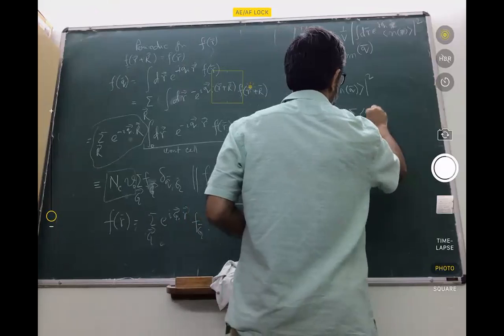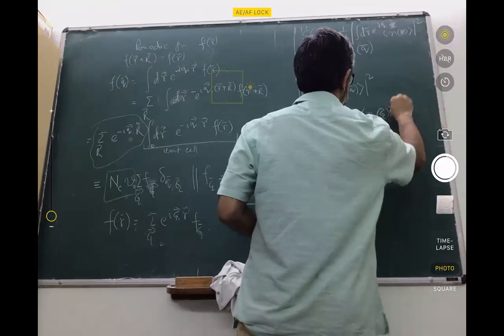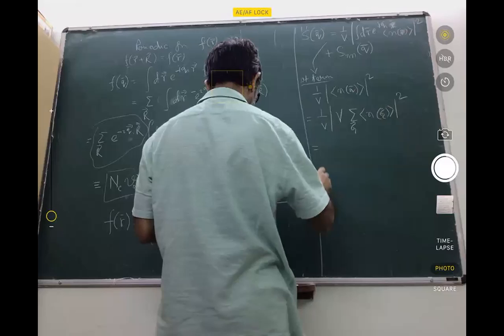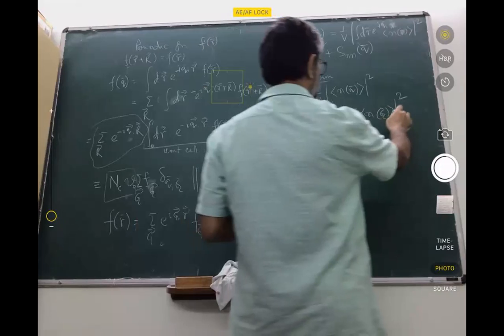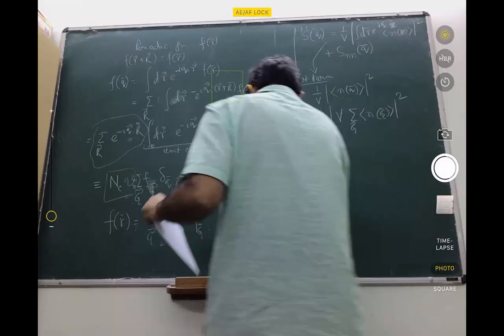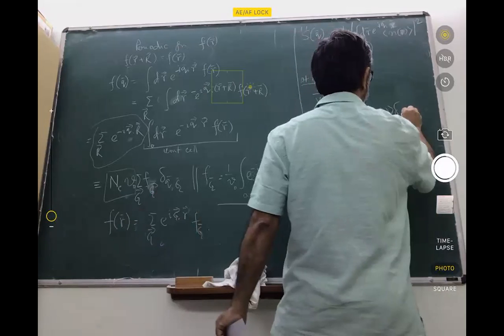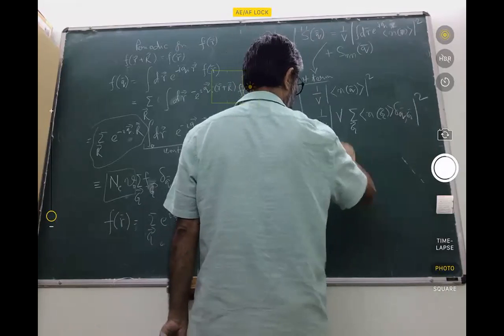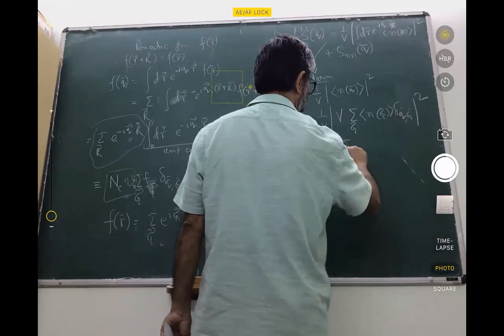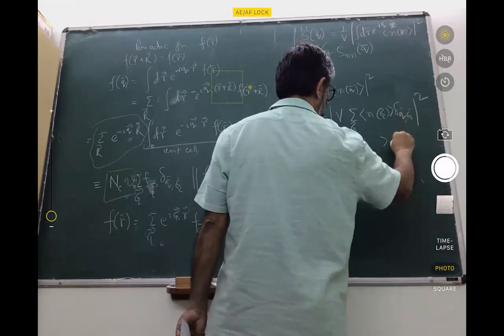And this I write as eventually V squared, one V cancels, the first one with the delta function.